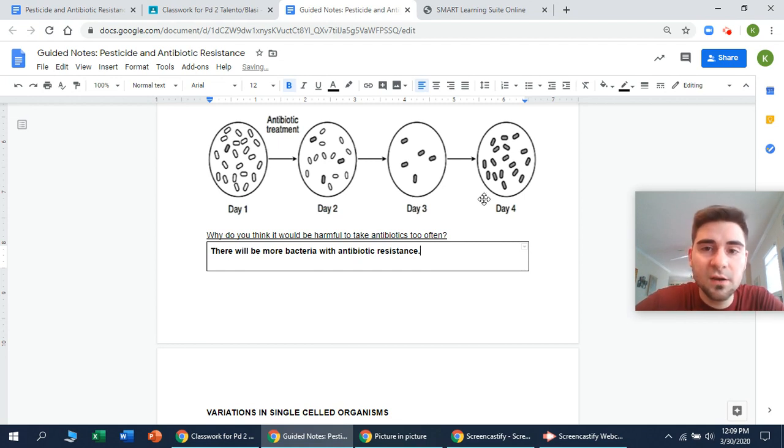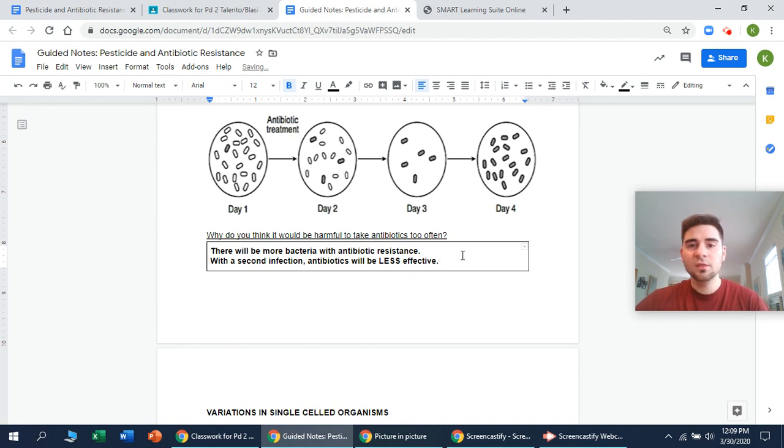So what you should see here is that if you use antibiotics too often, you're actually just going to produce more with resistance. So if you get infected again with a second infection, antibiotics will be less effective, right?